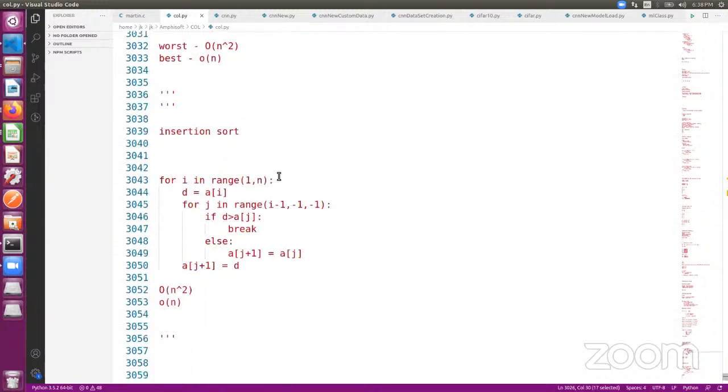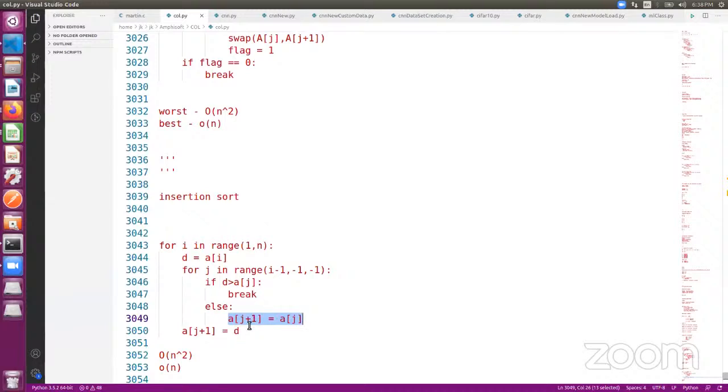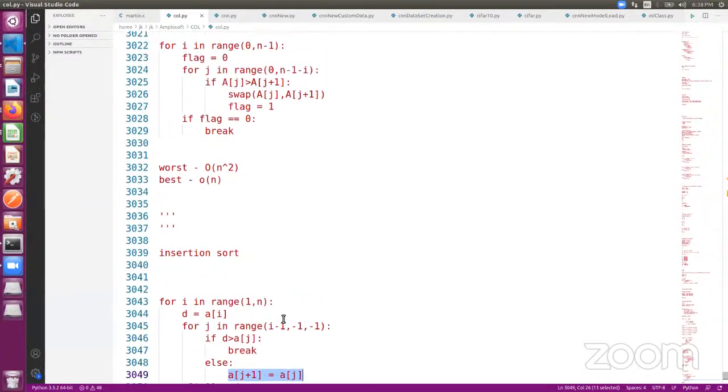So here in one step we are just moving that element, whereas there we are swapping. So swapping is costlier than this movement. Understood? Because of this swapping operation, which takes two additional steps, insertion sort is better than bubble sort by a very small factor.